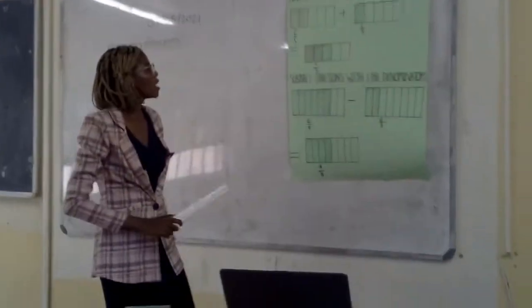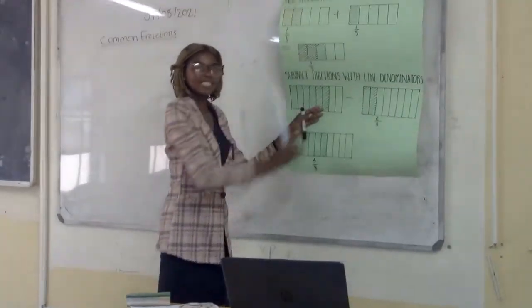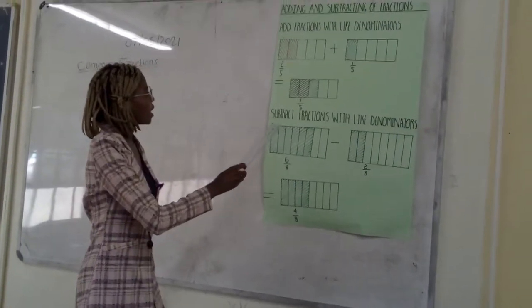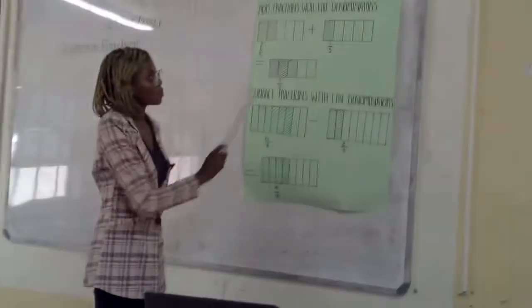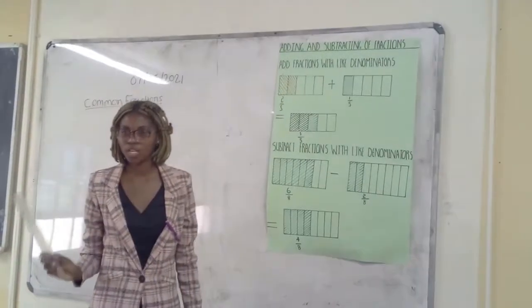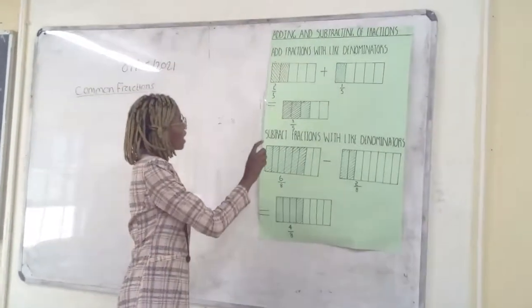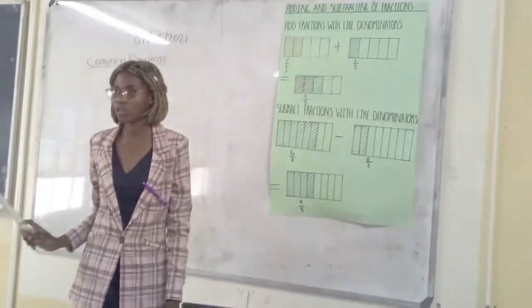To continue, as you can see, this is the same rectangle. Just like I said, in the first rectangle we have 2 parts shaded, and in the second rectangle only 1 part is shaded. So when we are going to add, we are going to look at the denominators. They also play a role.